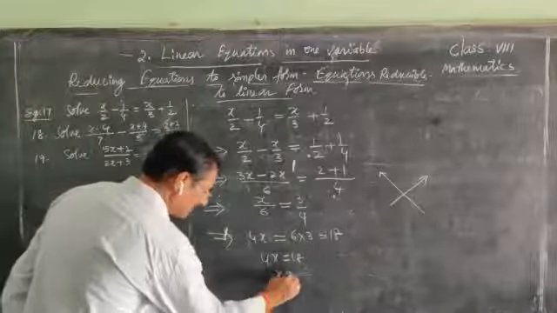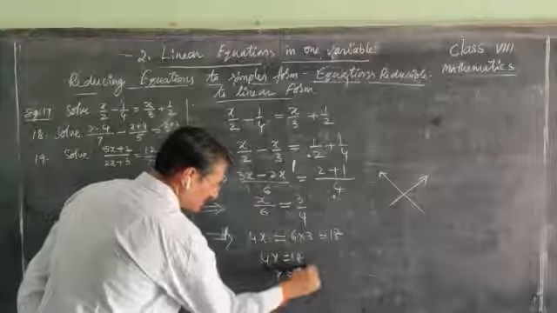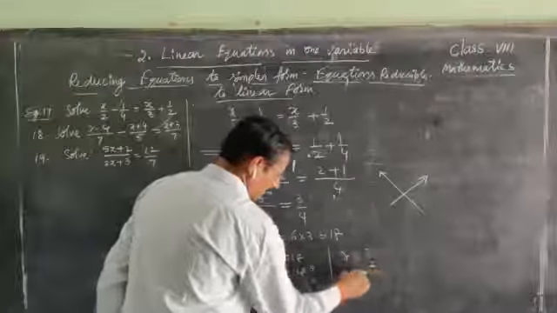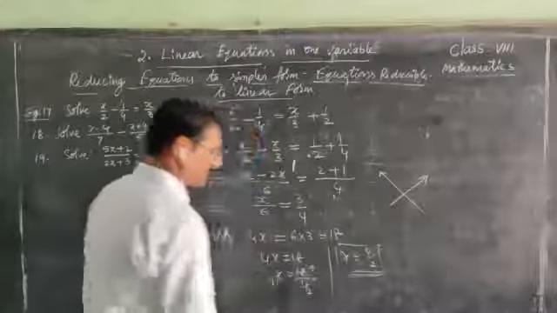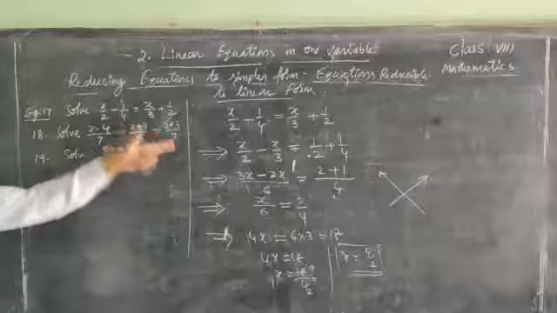Then x equals 18 by 4, 2 twos are 4, 2 nines are 18. Then x equals 9 by 2. It is the solution, or root, of the given equation.